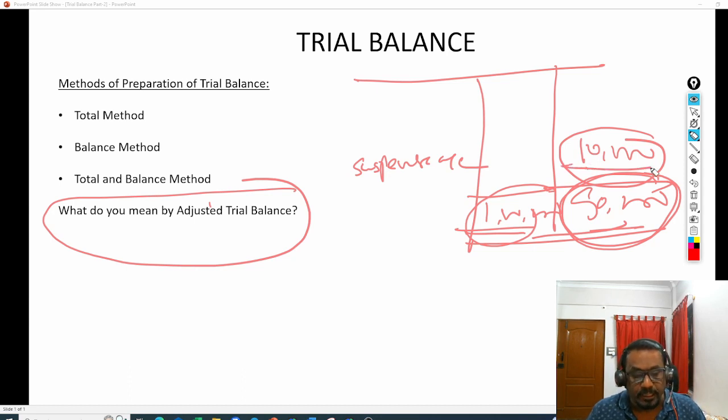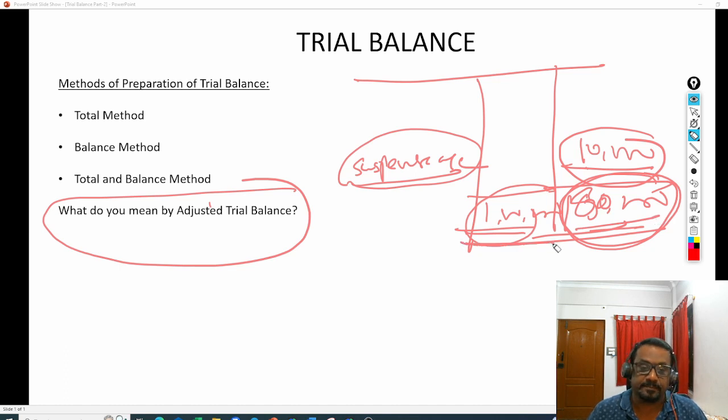The minute you put 10,000 here and transfer this to suspense account, this total will become 1 lakh. Because the additional 10,000 you added has been transferred to suspense account, now the total is tallied. It has become 1 lakh here, 1 lakh there, after keeping this 10,000 in credit side where there is a short identified. Now, with this, your trial balance has arithmetical accuracy.